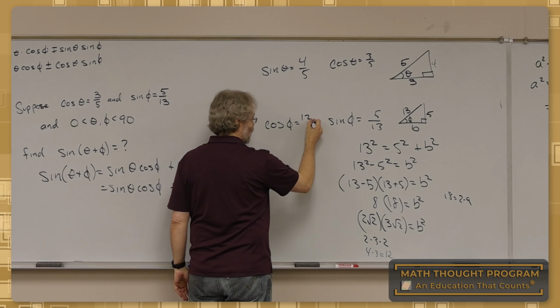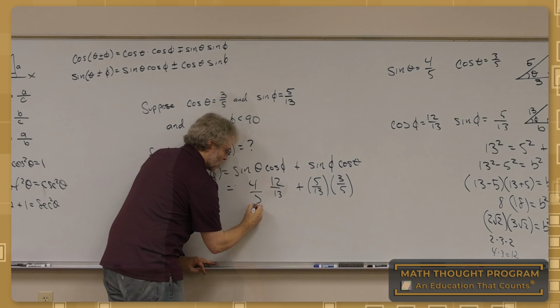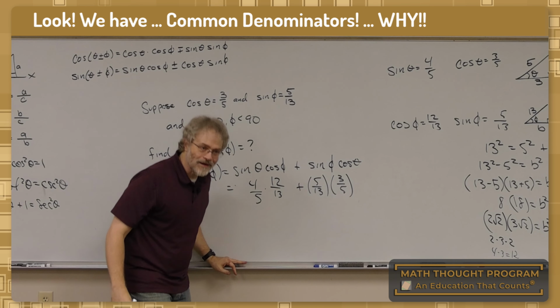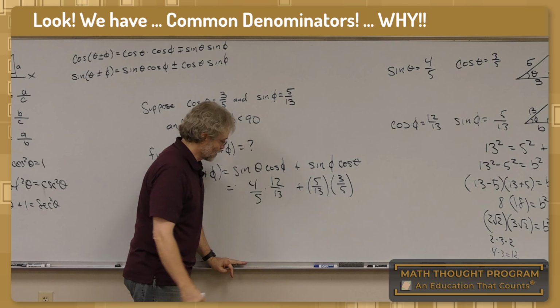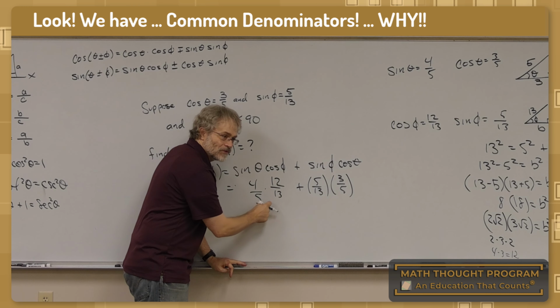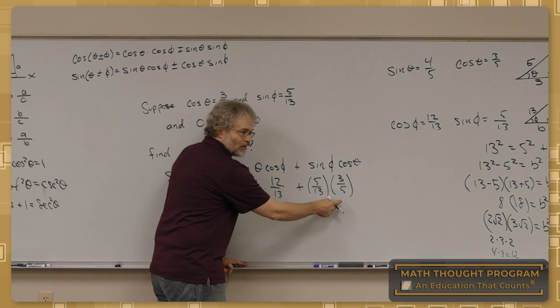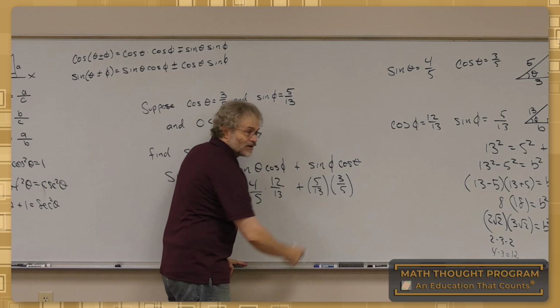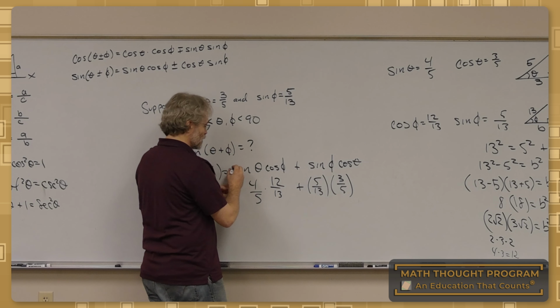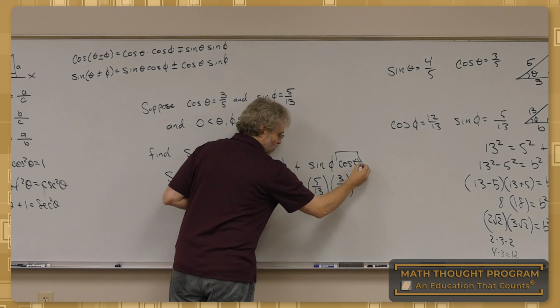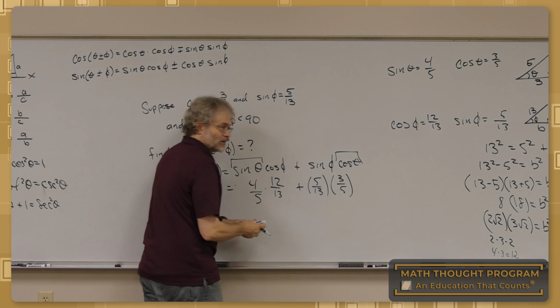12 over 13. Take it, replace it. Hey, look at that. 5 and 13. 5 and 13, the denominators are the same again. I wonder why the denominators keep becoming the exact same every single time.